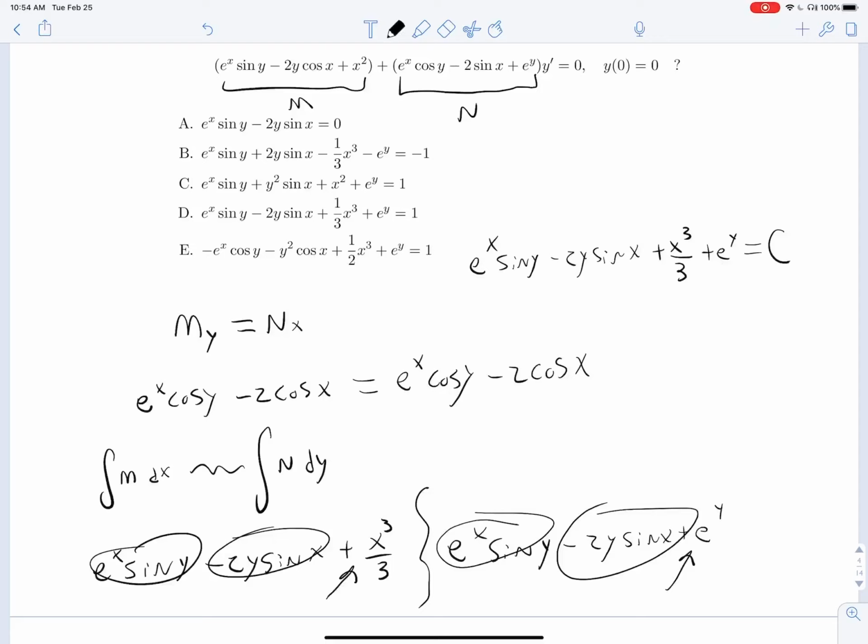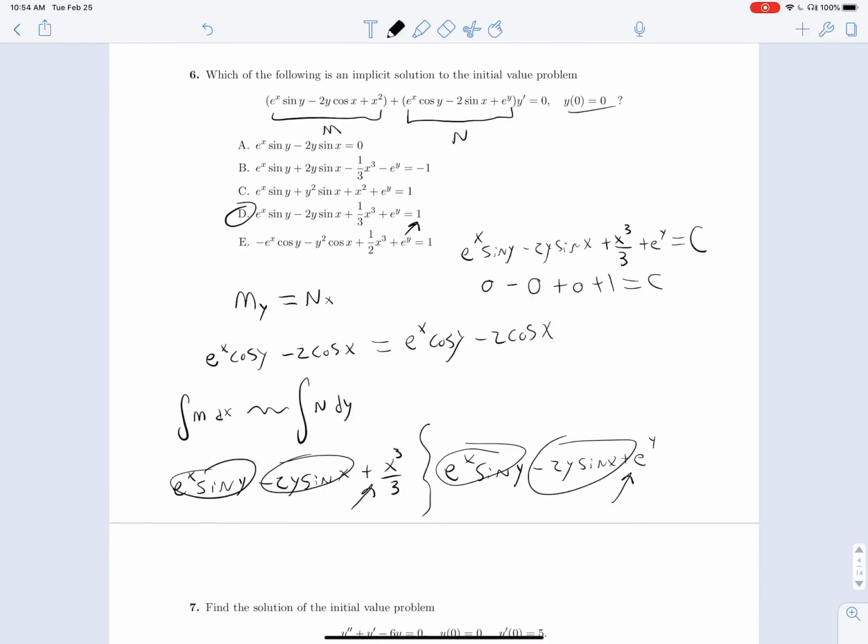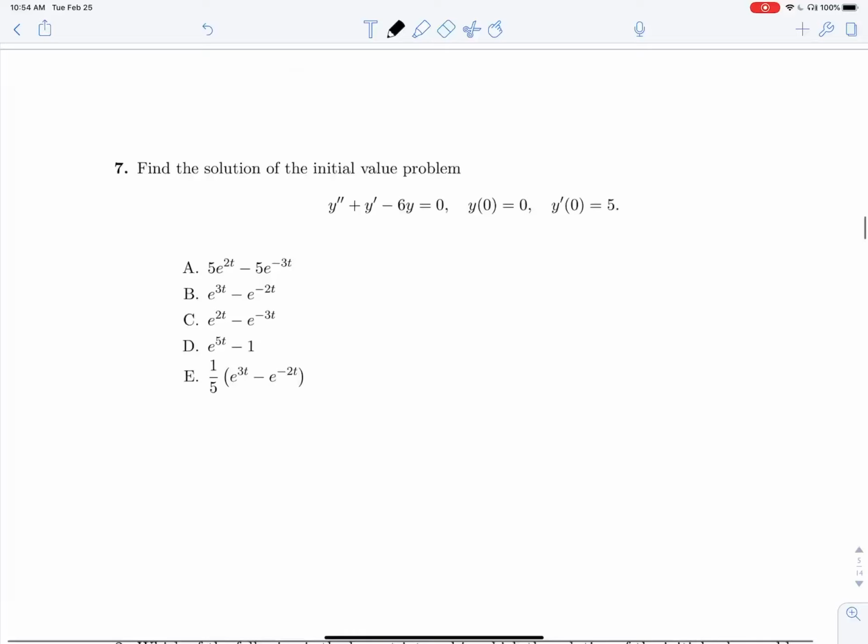And if we look around, we see that D is the only one that matches all of these terms. And if we evaluate y of 0 equals 0, we will get 0 minus 0 plus 1 equals c. So there's where they're getting the c equals 1 term. So for 6, our answer is D.